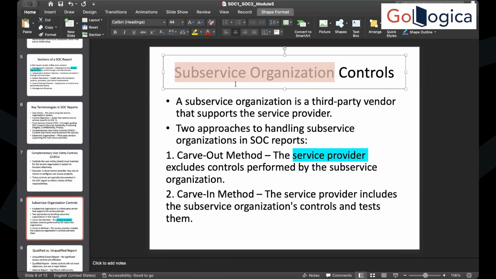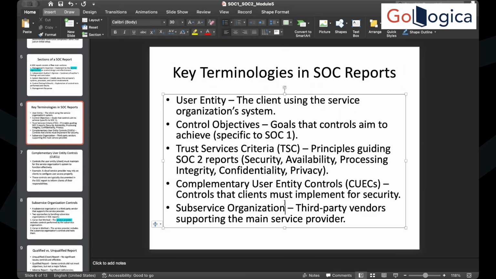Because they are supporting the main service provider. Sub-service organizations are third-party vendors supporting the main service provider. My data, where is it hosted? Cisco's data is on Microsoft Azure in this case.